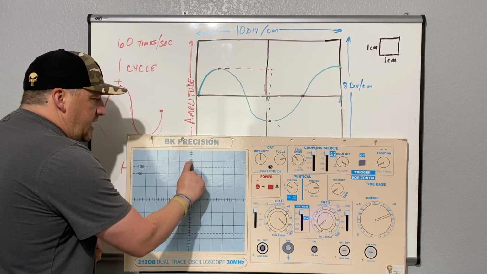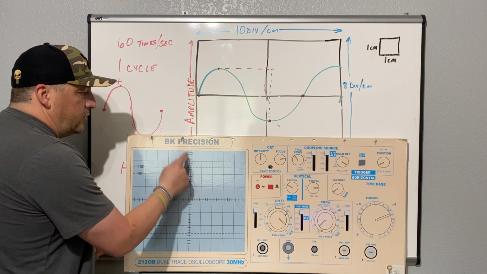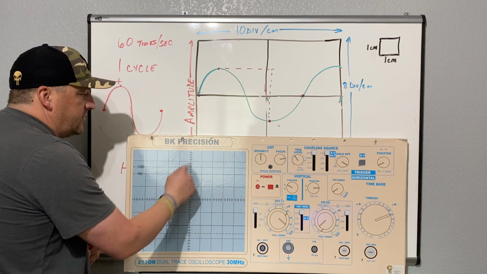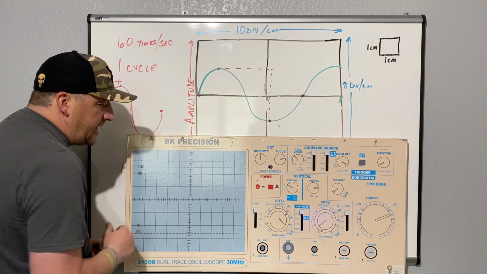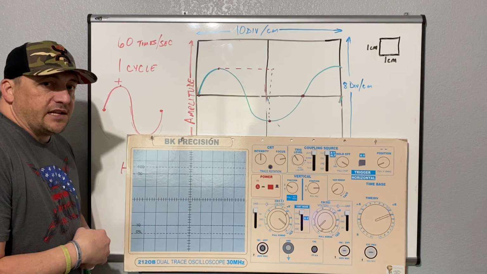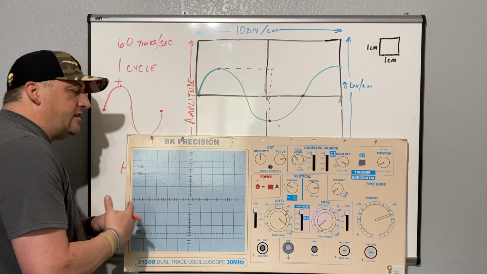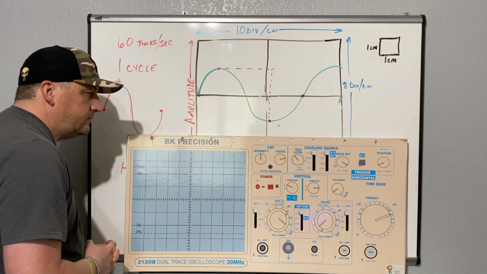Each one of these blocks is divided up into 1, 2, 3, 4, 5 divisions. So there's 5 subdivisions vertically and 5 divisions horizontally. So this allows you to break it down even further and get even more of a precise measurement there.